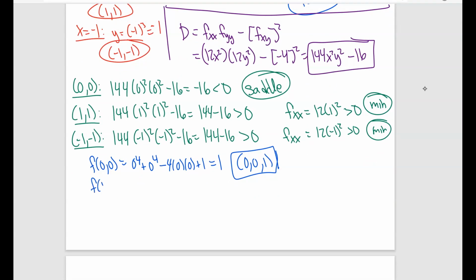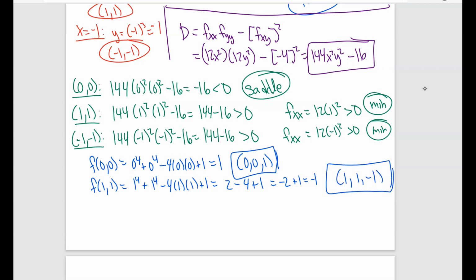I'm going to plug in 1, 1. 1 to the 4th plus 1 to the 4th minus 4 times 1 times 1 plus 1. That's 2 minus 4 plus 1. This is going to give me negative 2 plus 1, which gives me negative 1. So the answer here will be 1, 1, negative 1. And then finally plug in negative 1, negative 1.